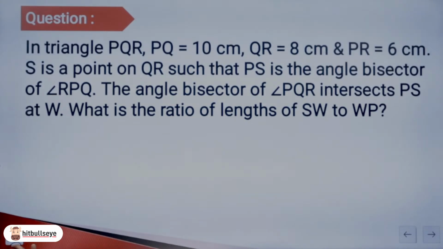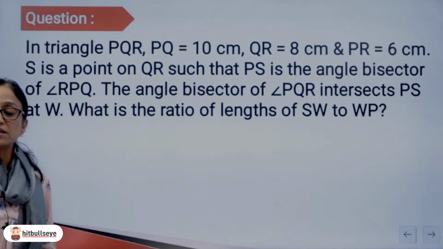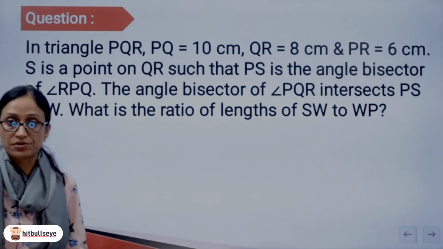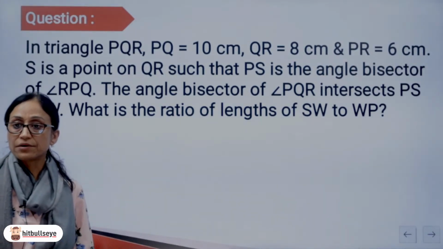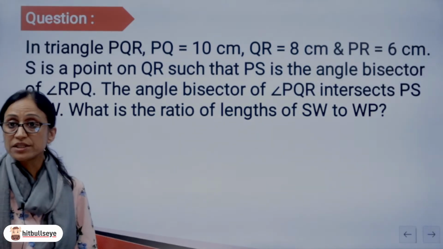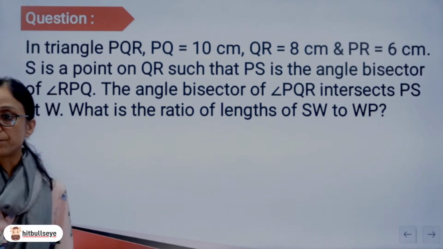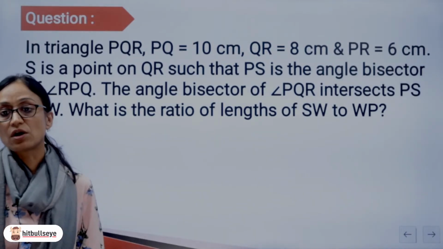In the triangle PQR, the dimension of PQ is given to you as 10 centimeters, QR is given to you as 8 centimeters, and PR is given to you as 6 centimeters. So S is a point on QR such that PS is the angle bisector of the angle RPQ, which means the angle bisector theorem has to play its important role for solving this question.